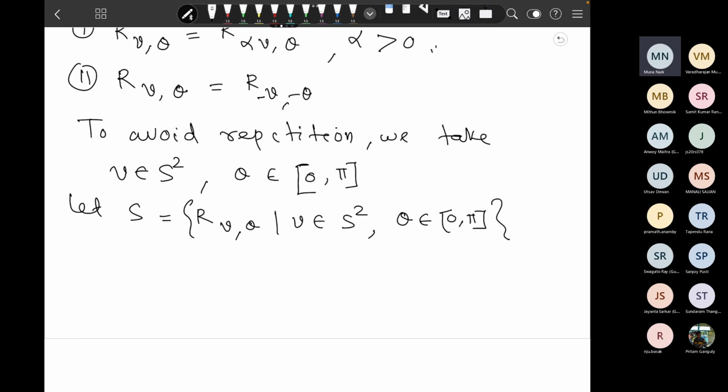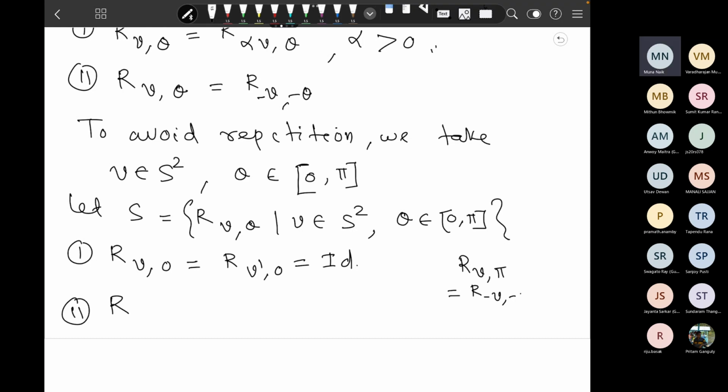Okay, so the first thing is R(b, 0) is equal to R(b prime, 0), which is the identity. There are certain repetitions. Second thing: R(b, pi) is the same thing as R of (minus b, minus pi), which is the same as R of (minus b, minus pi plus 2 pi rotation), and this is the same as R(minus b, pi).